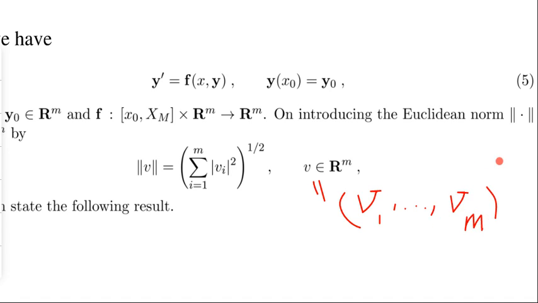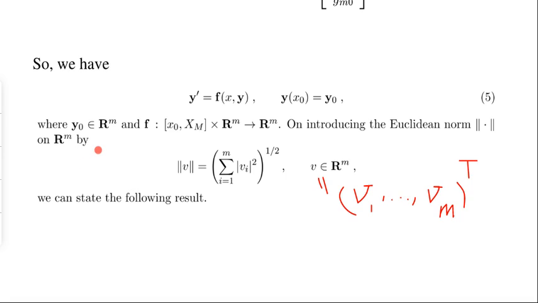This will be our vector. For this vector, the Euclidean norm will be defined by this relation. Okay, we want to focus on this system of m differential equations subject to this initial condition with this Euclidean norm.